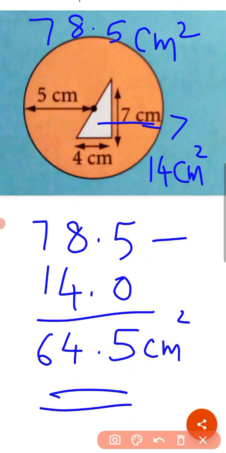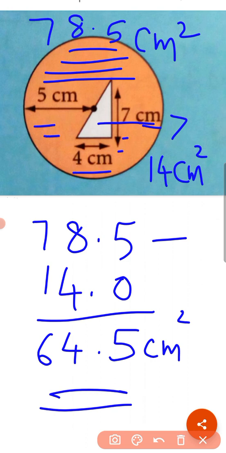This is the area of this orange section, that is the shaded region.